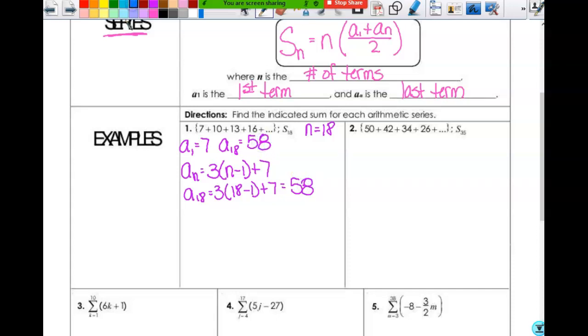So now I have the first term, the last term, and n. I got everything I need, and I can find the sum of those 18 terms. That's going to be n, which is 18, times the first term plus the last term over 2.